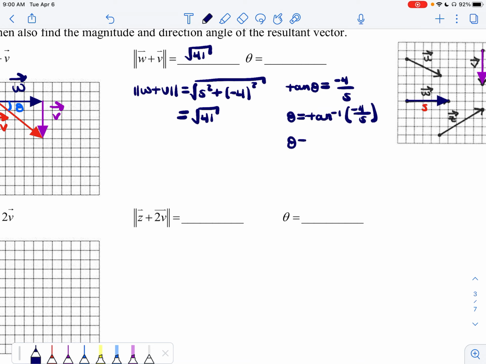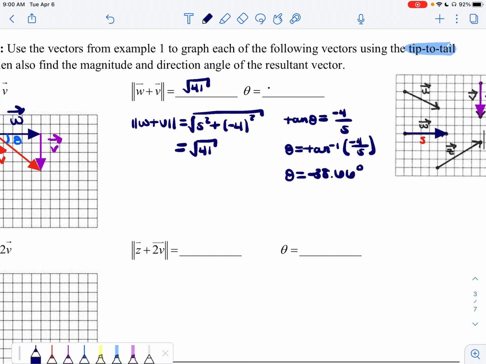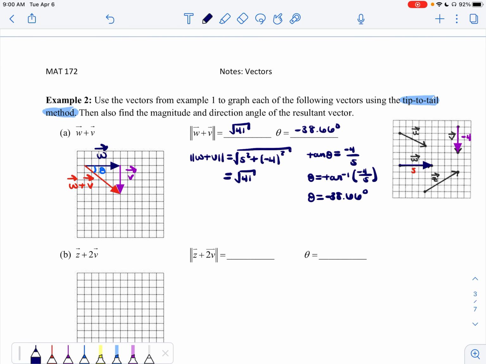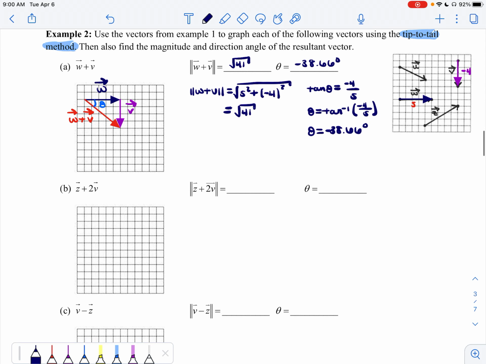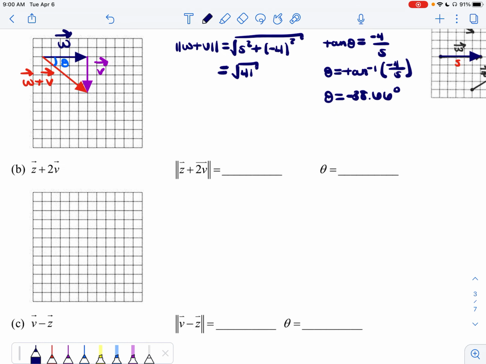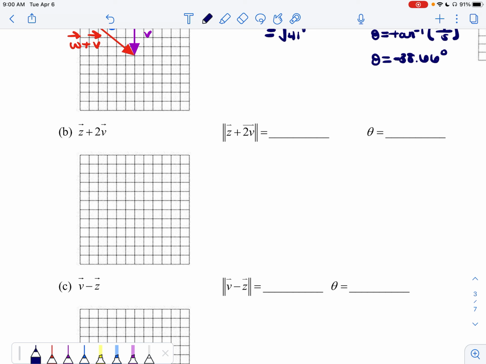If we plug that into our calculators, our theta would be -38.66 degrees. Okay, so that's going to be our final answer.